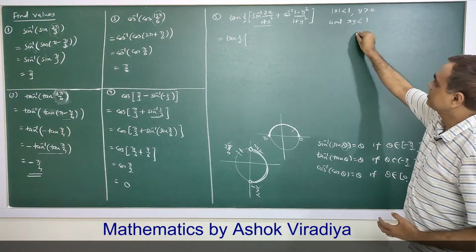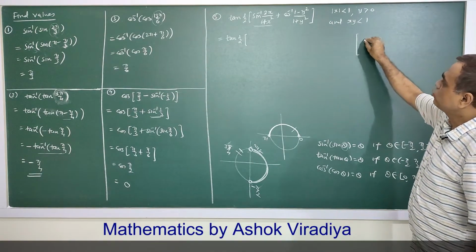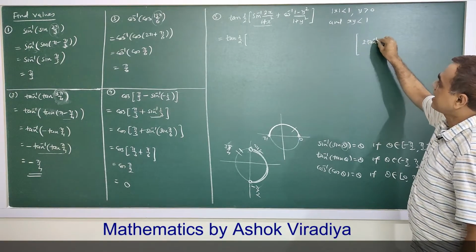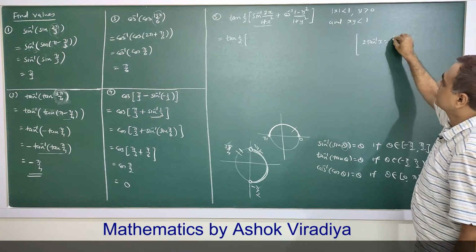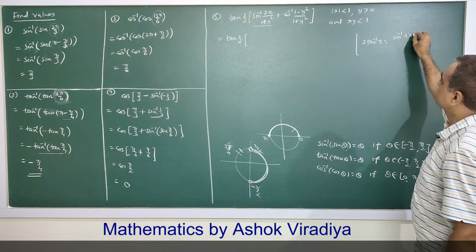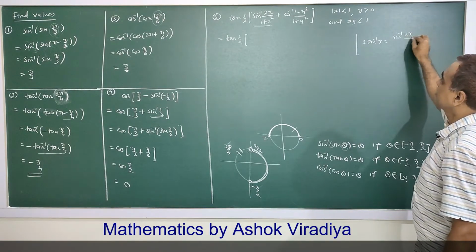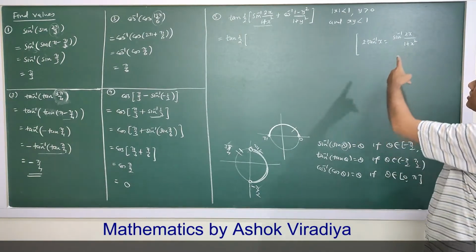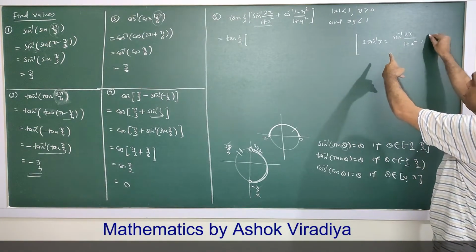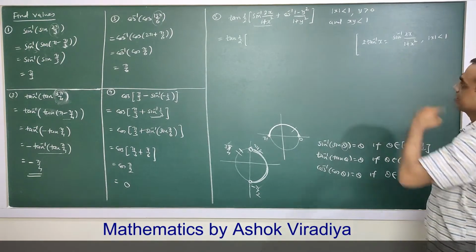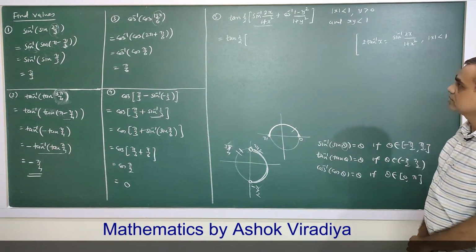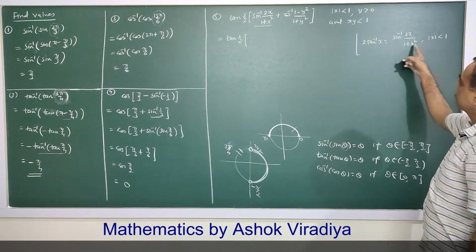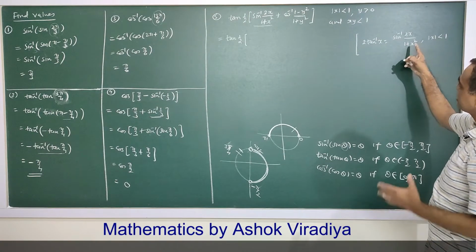We know that 2 times tan inverse x equal to sine inverse 2x upon 1 plus x square. We already have this result if modulus x is less than 1. So because we have this result, now we shall use it.